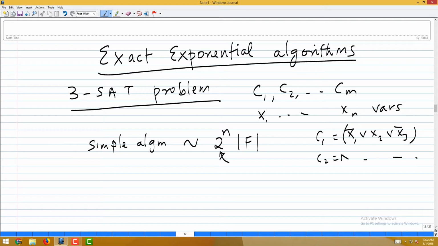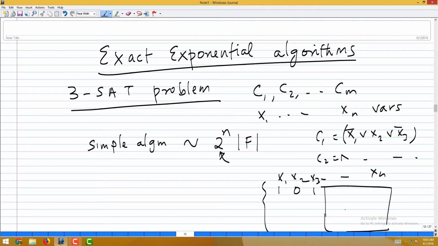So, what is this, that x 1, x 2, x n, there are 2 power n assignments, and what he is saying is x 1 equal to 1, x 2 equal to 0 and x 3 equal to 1, and I do not care what these variables are, do not bother checking. So, I save so much.